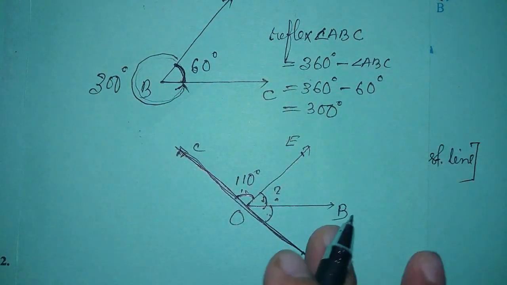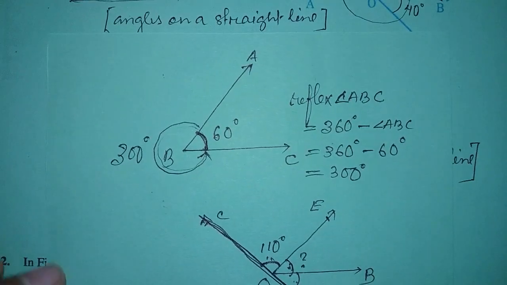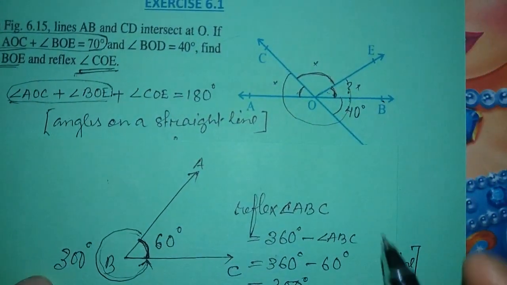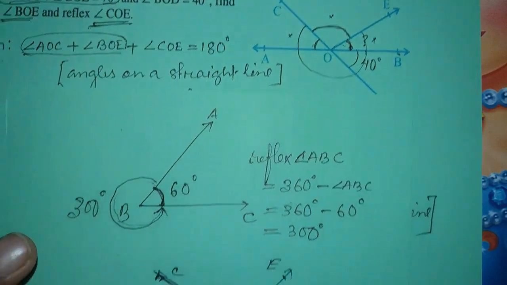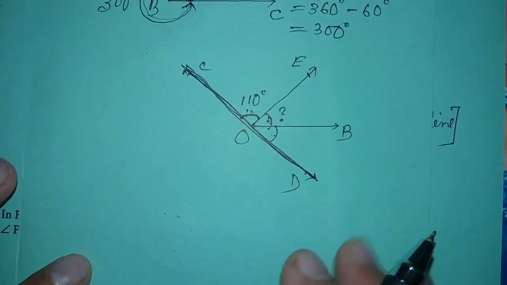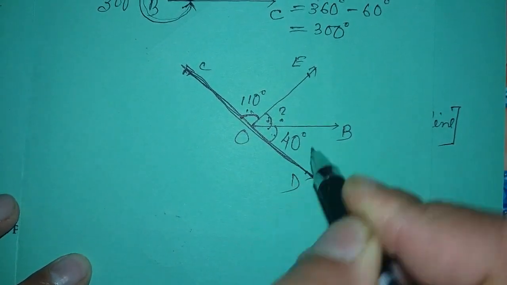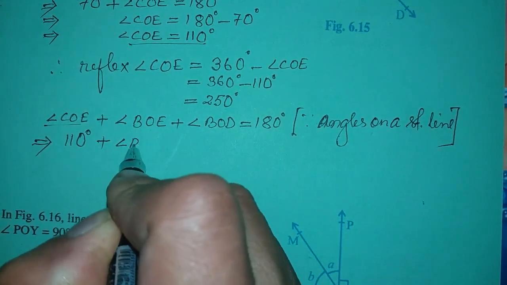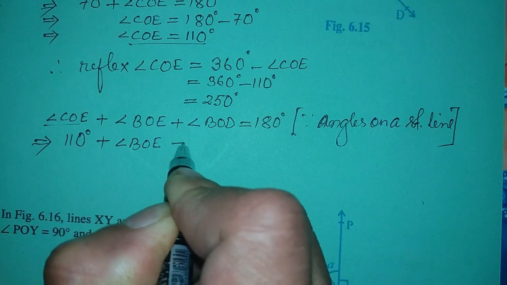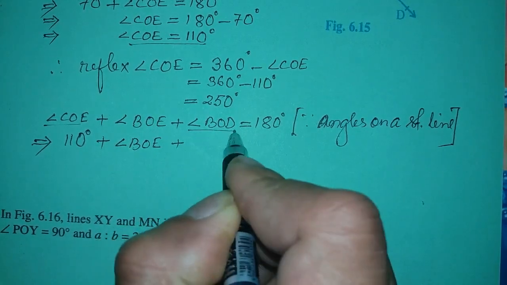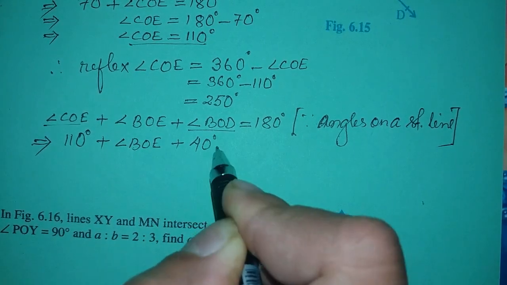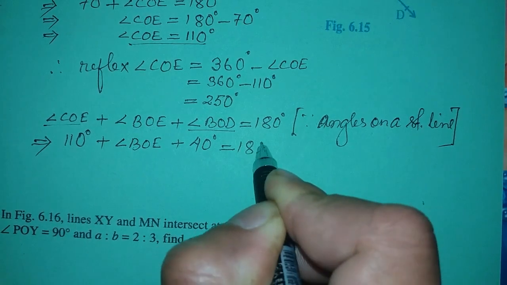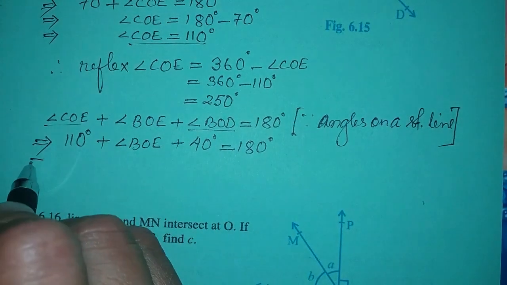And BOD, as it is given in the question, is 40 degree. So angle BOE plus angle BOD, which is 40 degree, is equal to 180 degree.